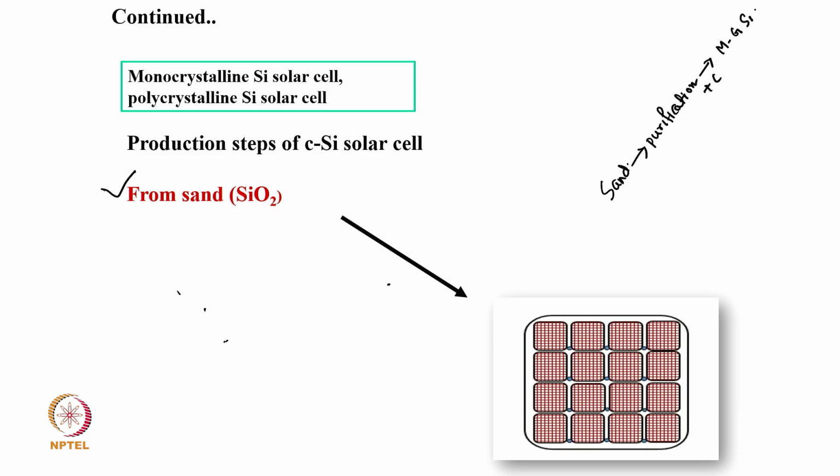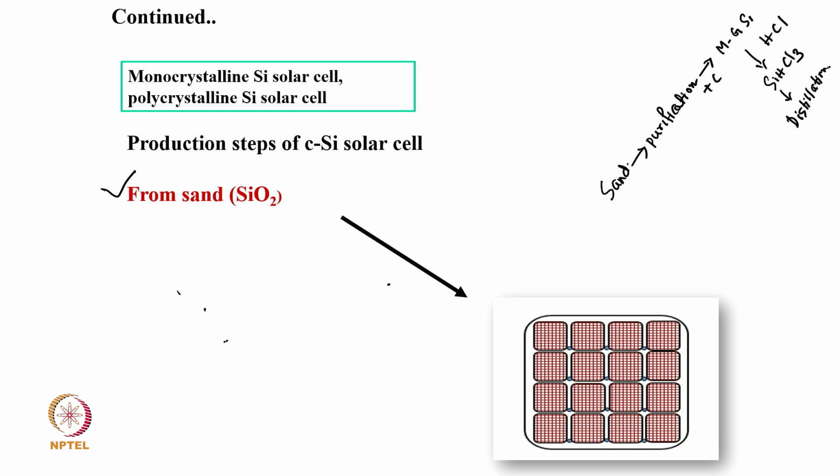Okay, so this is a step, and then I treat it with HCl. That is what I have already discussed, and this produces a halide. Then do a sort of distillation. This is the next step.